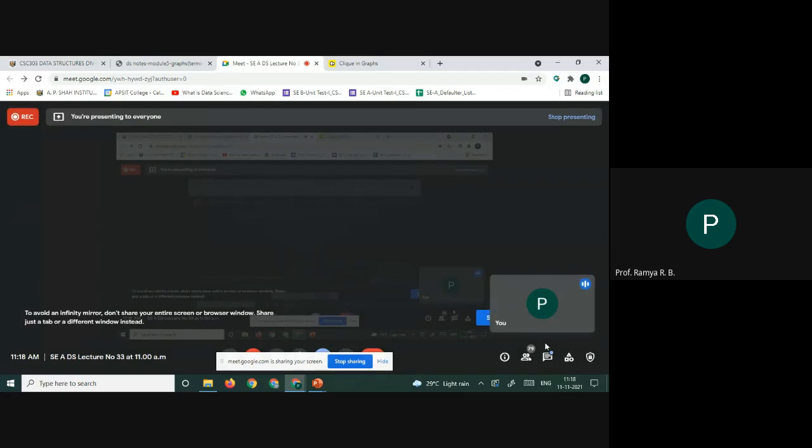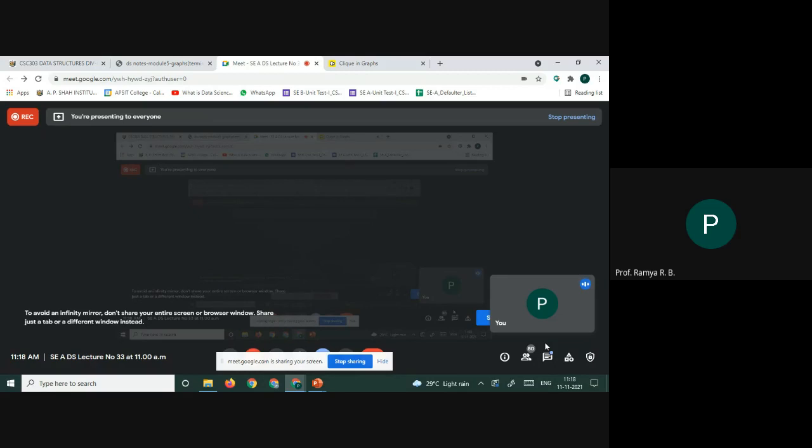Okay, you people tell me, will a tree contain a cycle? No, ma'am. No, right? So are all graphs trees? No, if the graph has a cycle then it will not be a tree.